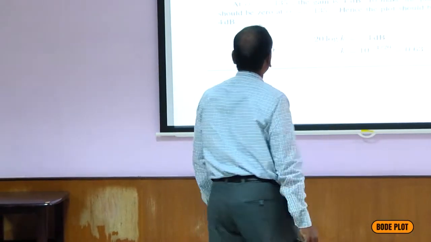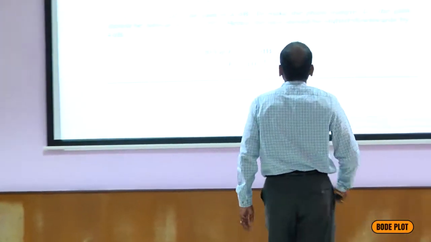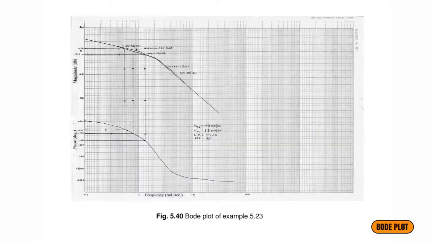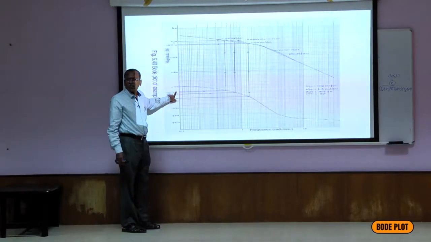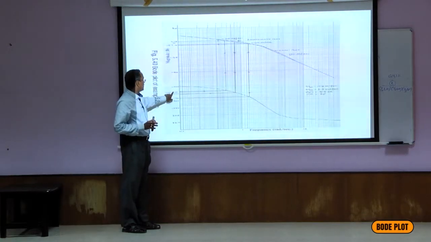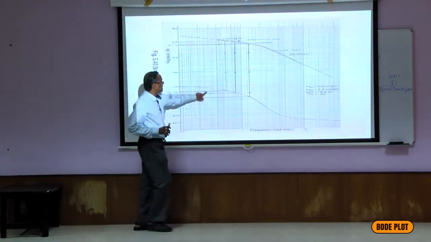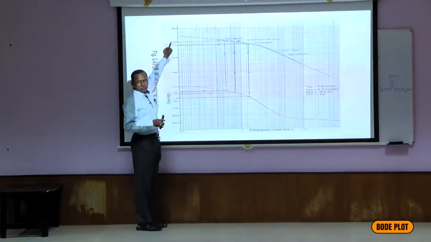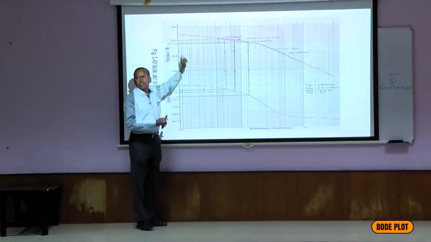To get that angle, we have to see what the magnitude is at minus 135. So at 135, the magnitude is, what is that? The magnitude is 4 dB.